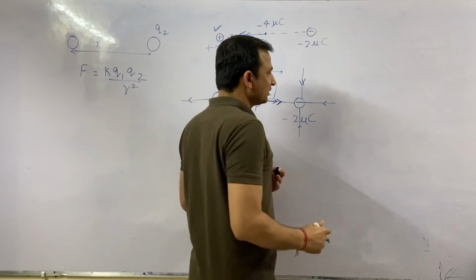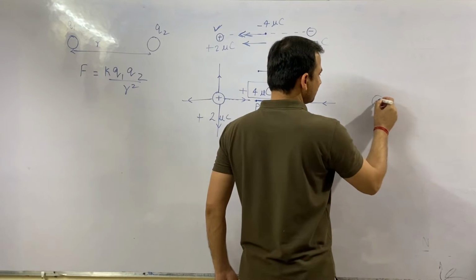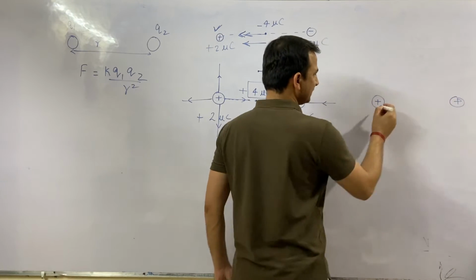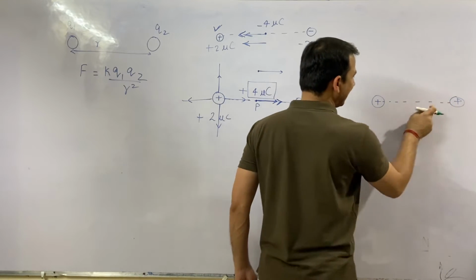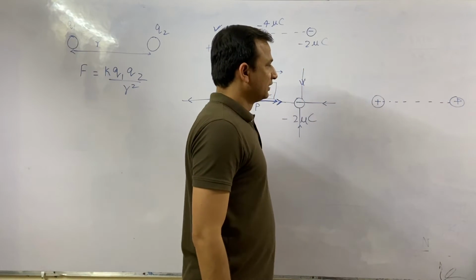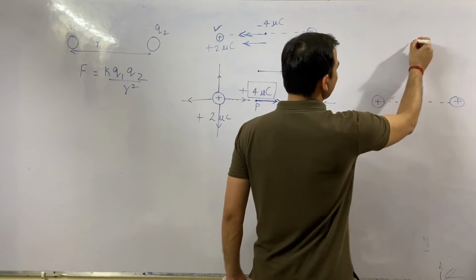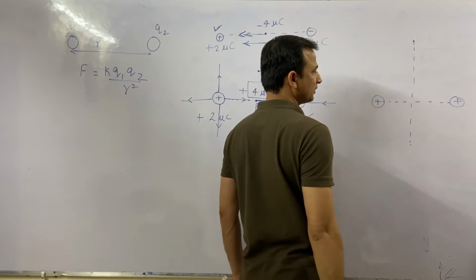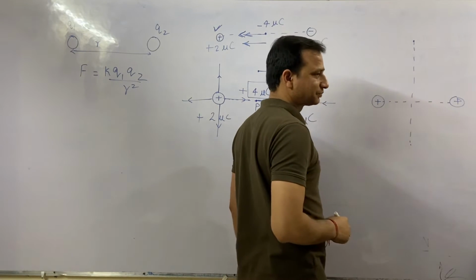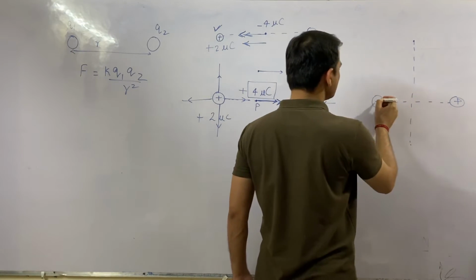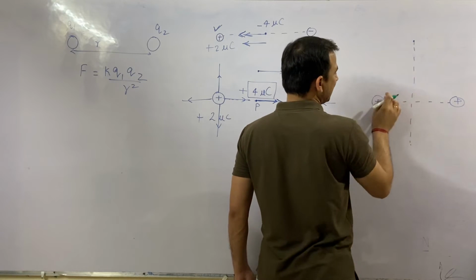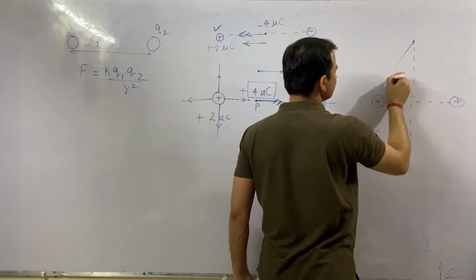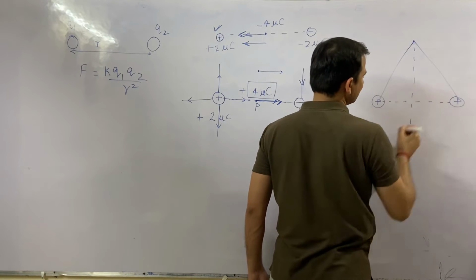Let's assume that there are two charges, positive and positive, and instead of keeping the charge on the axis, what we are doing is we are keeping it somewhere here on the equatorial plane, so away from the charges, and assume that these two charges and the next charge, they are forming a triangle, something like this.